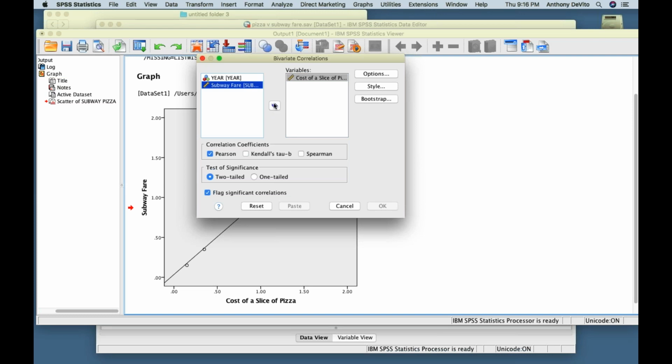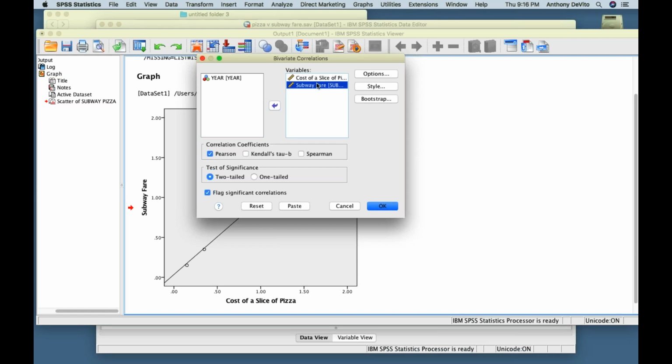I'm sorry, when I say binomial, I mean two variables, not binomial. They're numerical variables, so they actually represent numbers, but there happens to be two variables. So I'm going to move in the cost of a slice of pizza and cost of Subway fare.